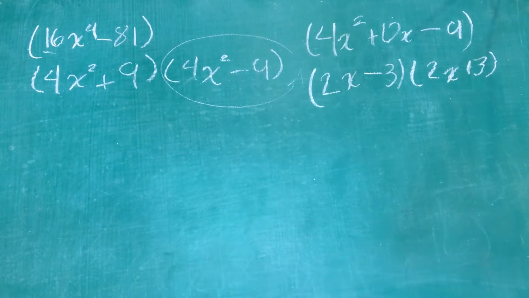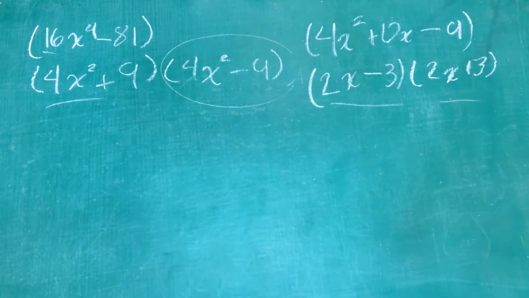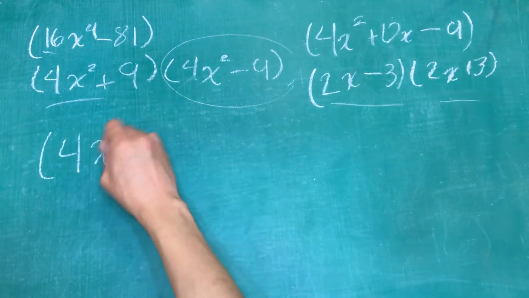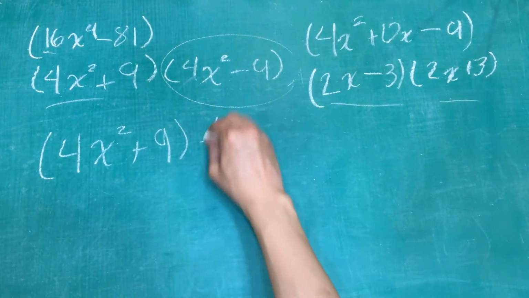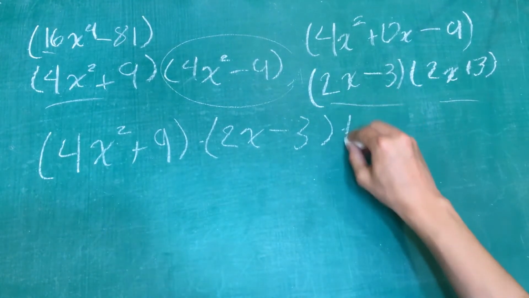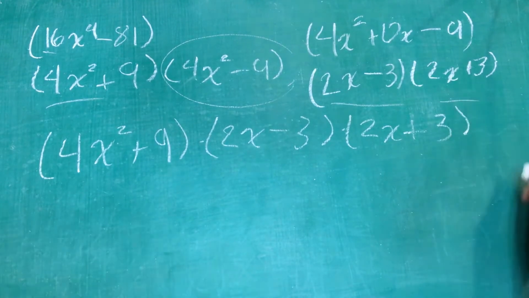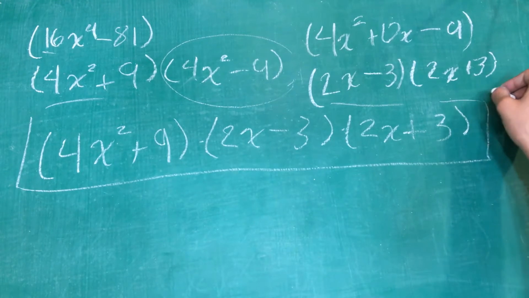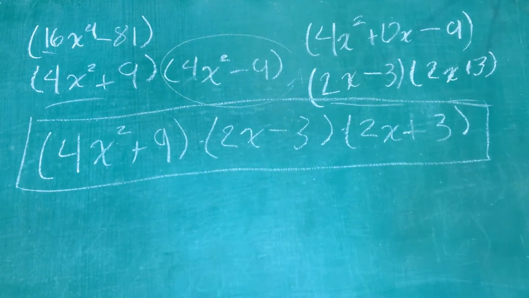Now, to write our full and complete answer, we're going to combine these three terms, which is going to look like this. 4x squared plus 9 times 2x minus 3 times 2x plus 3. This entire thing is going to be our final and complete answer.